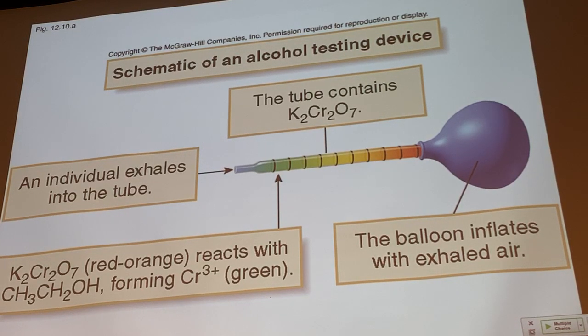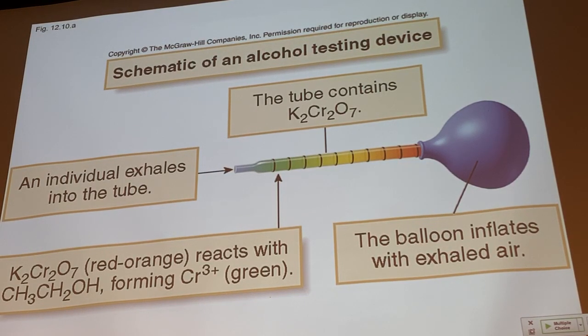But the chromium byproduct undergoes chemistry we don't talk about because it's after the oxidation of the alcohol. It doesn't play a role in the oxidation of the alcohol, but eventually we end up with chromium 3 as the final chromium byproduct. The chromium 4 undergoes additional inorganic chemistry to give chromium 3.